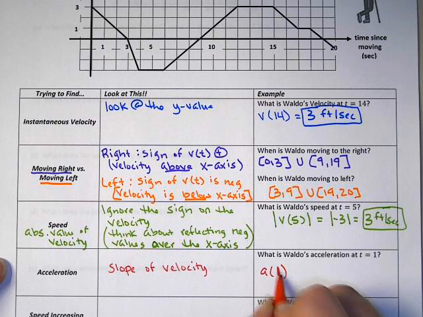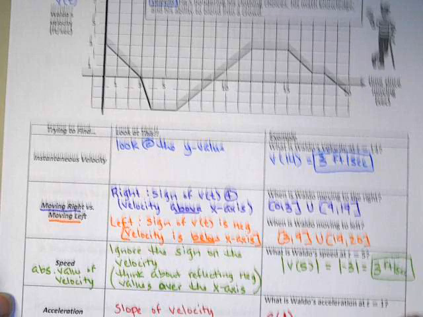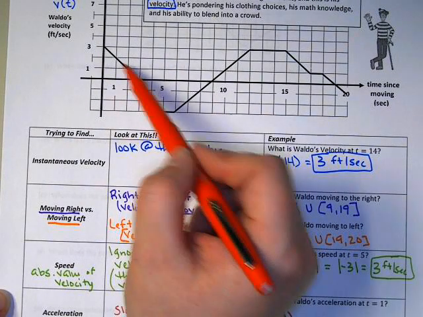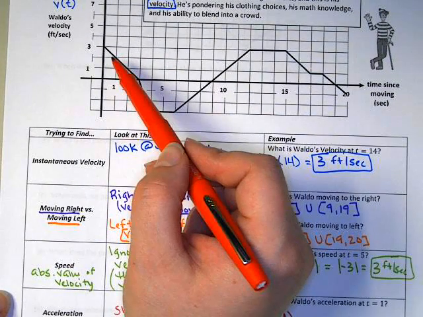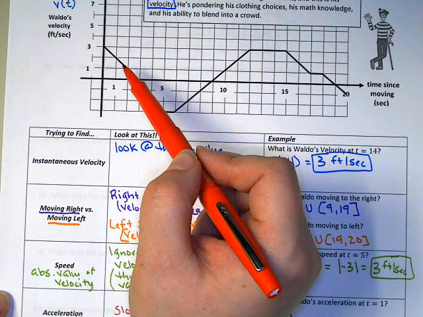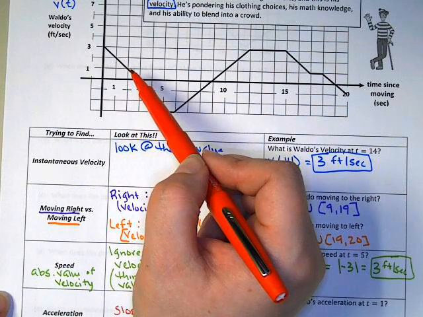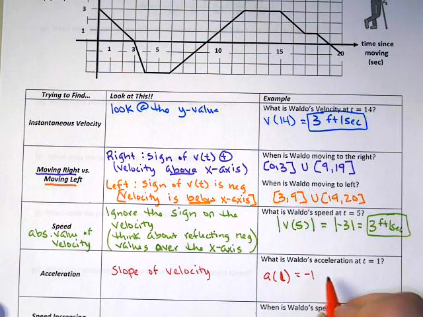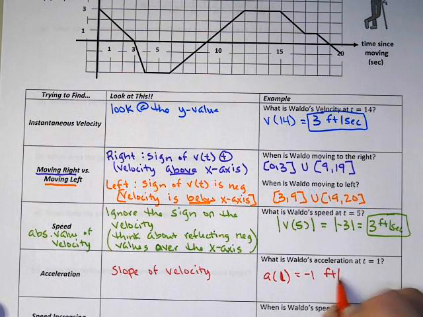That almost looks like a t, sorry, a of 1. So looking at the slope at 1, well, this is a constant slope right here, which is kind of nice because it means then that his acceleration at 1 is just -1, because that's the slope of the line right there. So his acceleration is -1, and the units are feet per second squared.